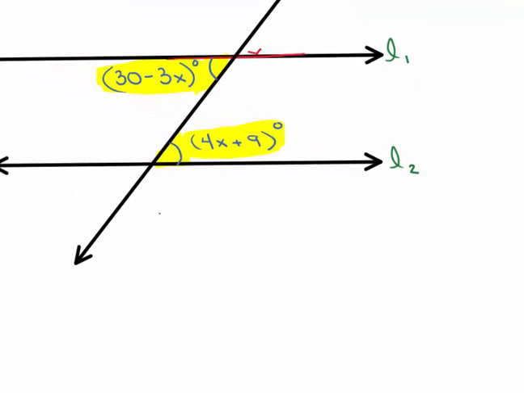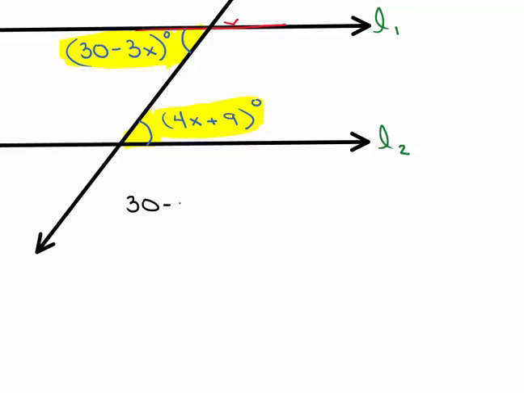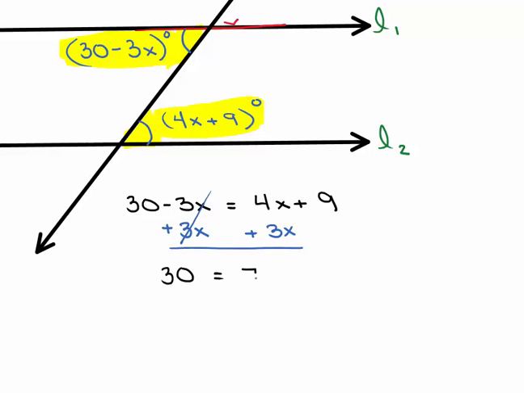Okay, we're going to set 33 minus 3x equal to 4x plus 9, and we're going to solve for x. So we're going to get all of our x's to one side, or all of our variables to one side of the equal sign. So I'm going to add 3x to both sides. That's going to leave me with 33 is equal to 7x plus 9.